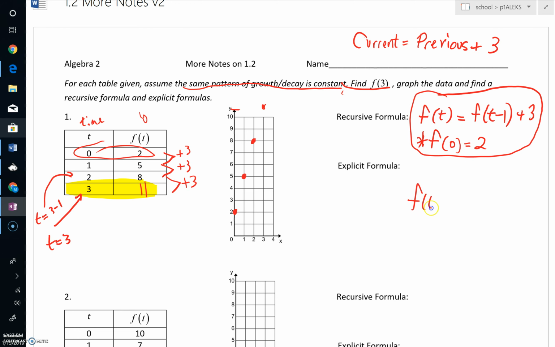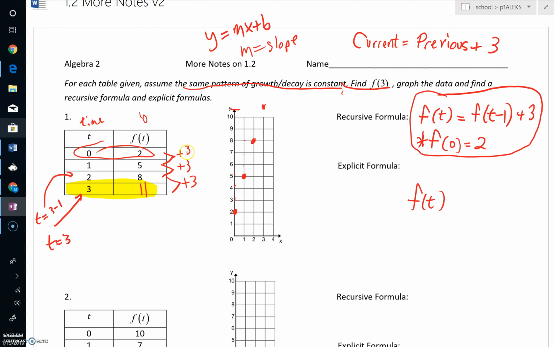Now, the explicit formula, I do want to say this much. One way you could look at this explicit formula is if we had a line. When you were graphing a line in algebra, the very first thing you would have been working with would be equations of the form y equals mx plus b. M was your slope. Well, what is your slope? You're going up 3, 1, 2, 3 steps up to the right.